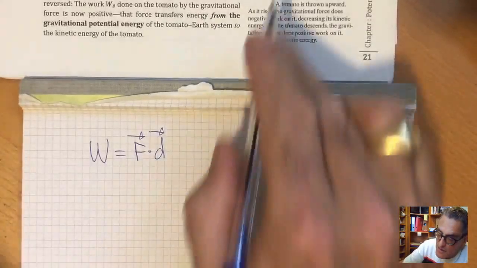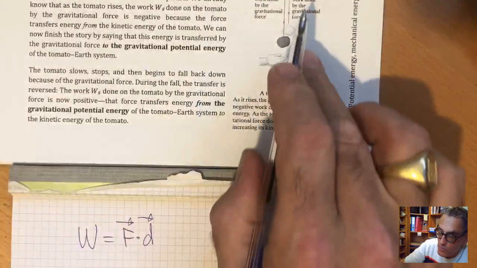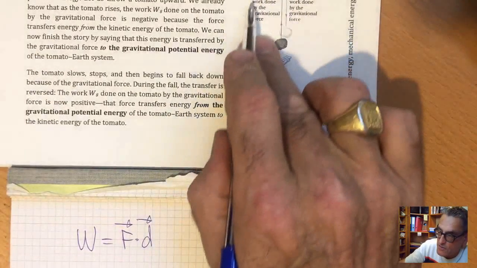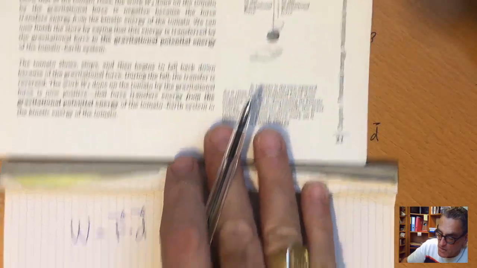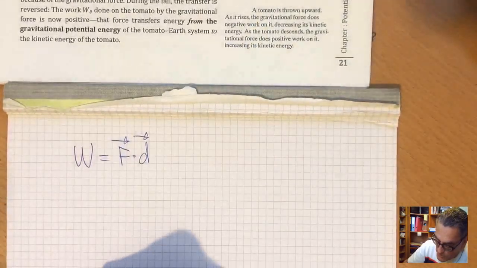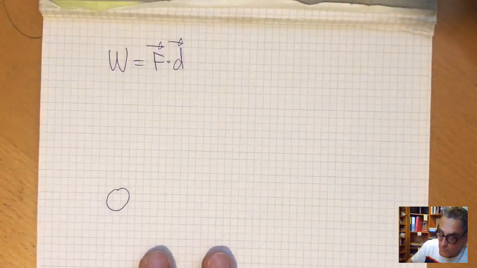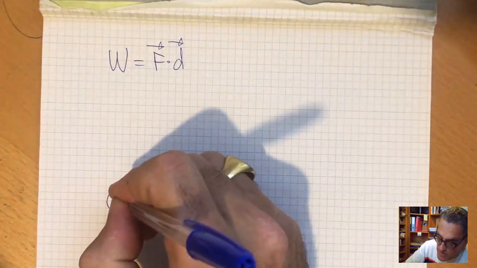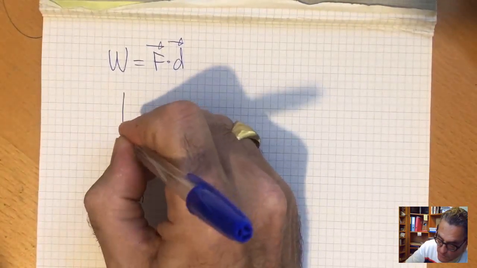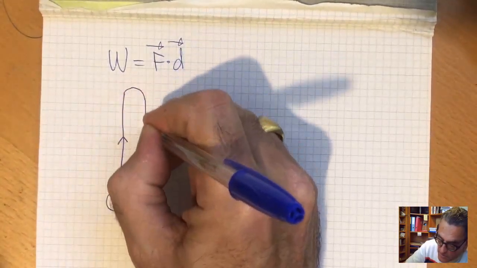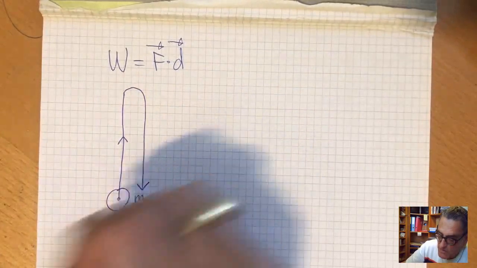So I'm now redoing this sketch here. We have a tomato, and this tomato has a certain mass. We lift it up, and then it goes down again. Okay?